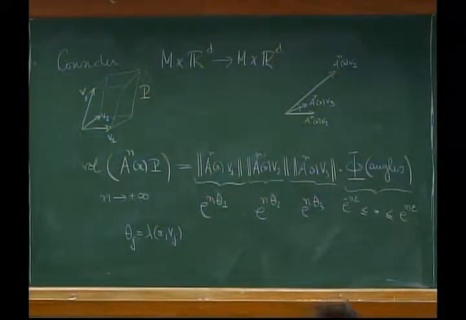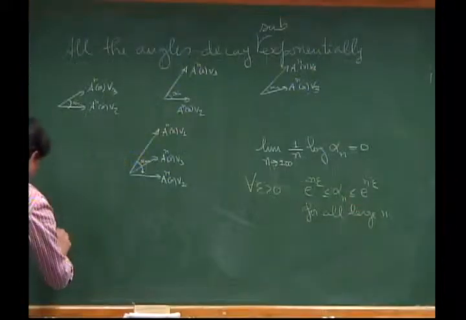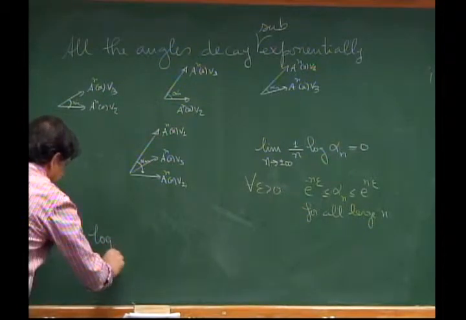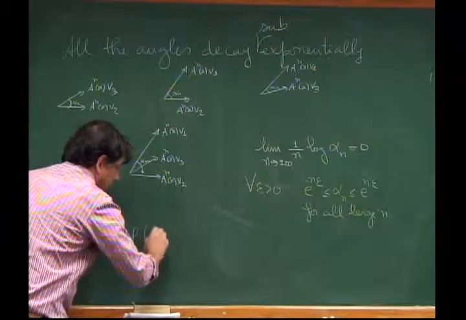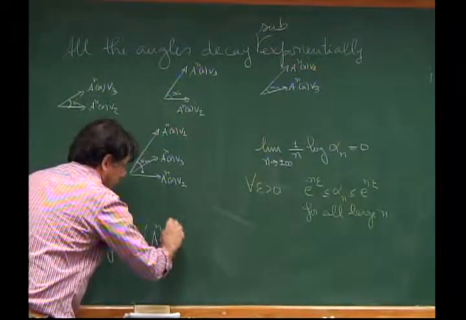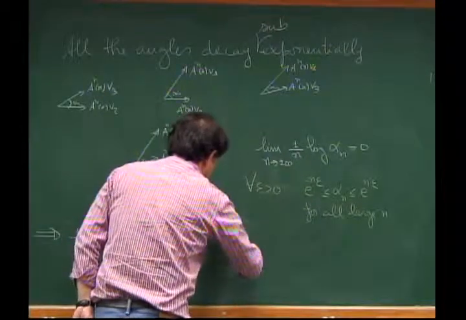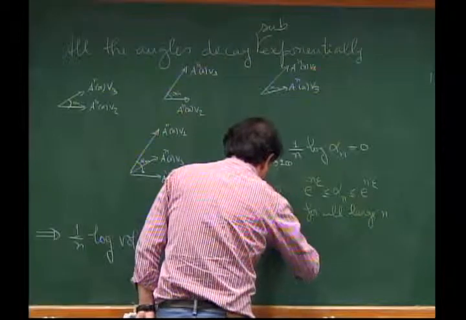So if I take 1 over n log of the volume, it goes to theta 1 plus theta 2 plus theta 3.